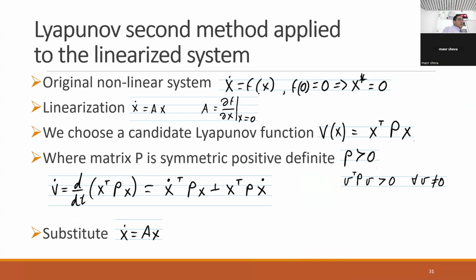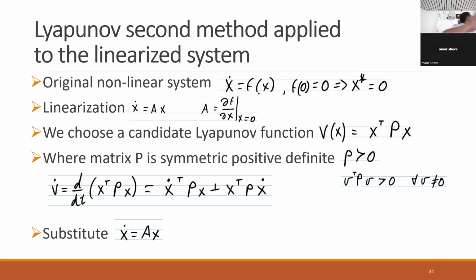Now, in particular, we can use Lyapunov's second method on a linear system or on a linearized system. So if we have an original nonlinear system, x dot equals f of x, and we have an equilibrium at 0 such that f of 0 is 0, and that means that x star, the equilibrium point, is at 0.